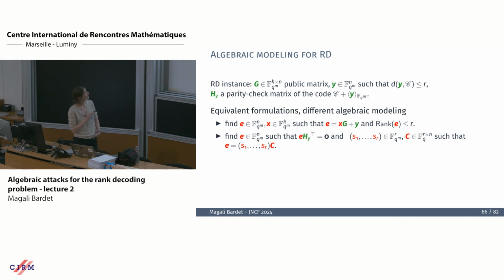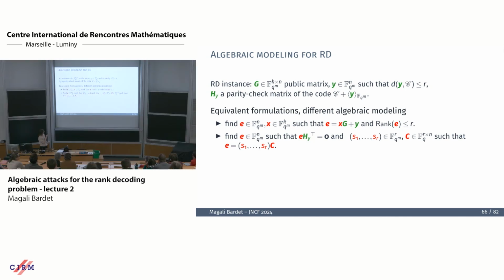You write that a vector has small rank if it is the product of two matrices of small rank. So here I write that E is the basis generating the support of E over Fq times the coordinates of E in this basis.